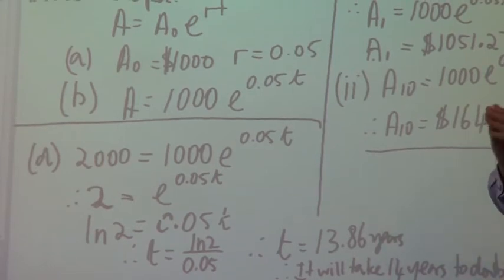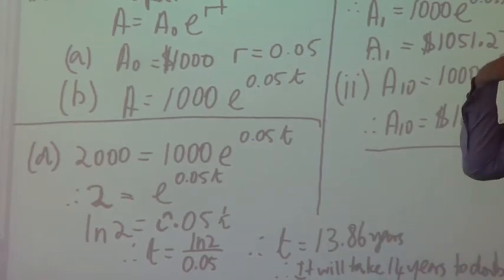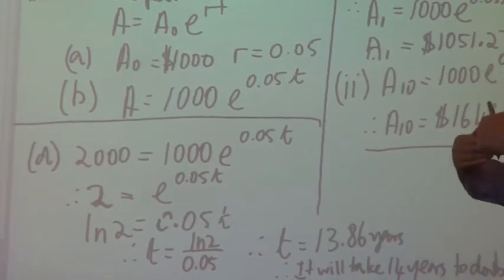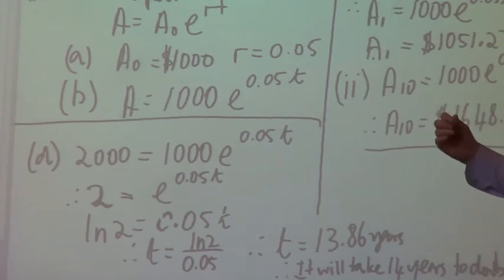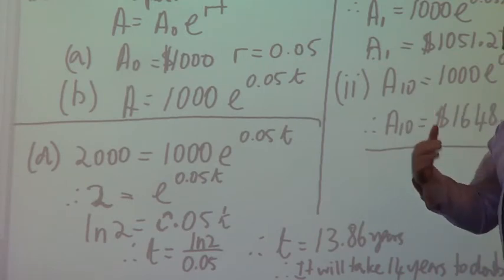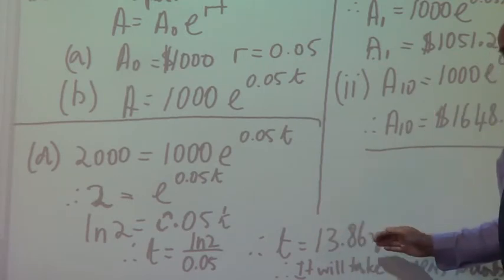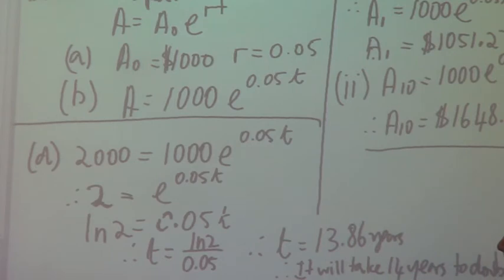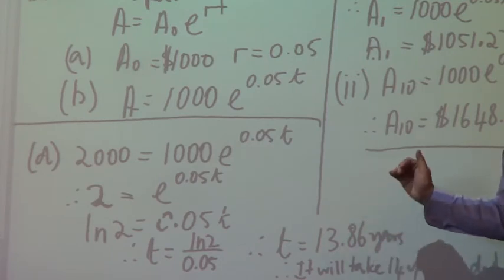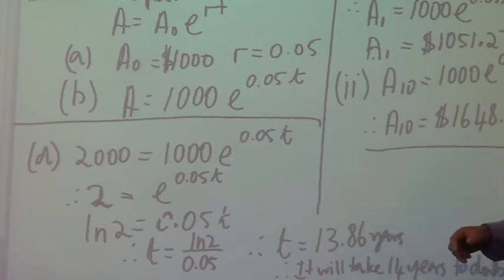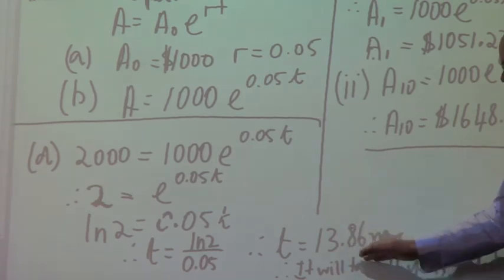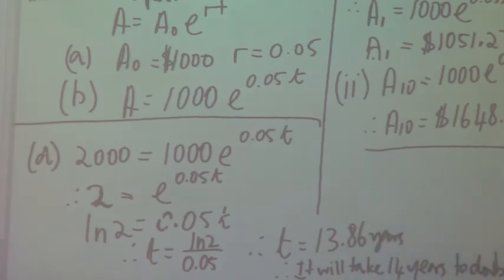Generally, you would be aware that when things compound monthly, quarterly, annually, you do have to wait to the end of the period. So if this is compounding annually, you would have to wait 14 years to get your money. They don't pay out in parts of years or months or whatever the period is.